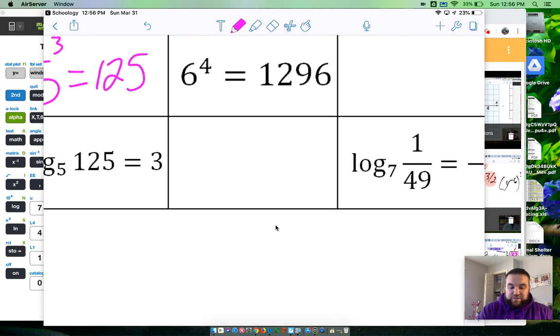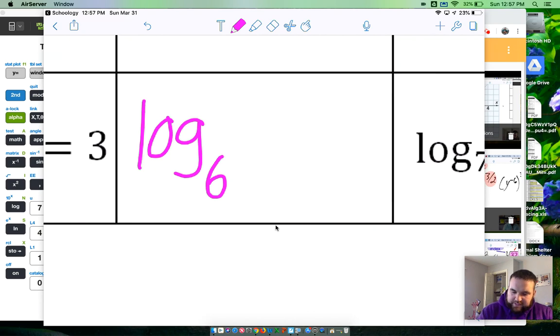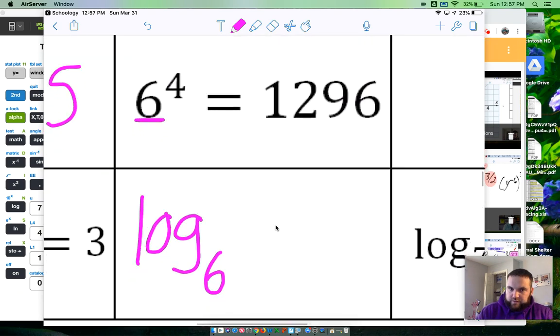So if I have 6 to the 4th equals 1296, this is where we've got to be careful. We always called this the base. When you're dealing with exponents, the big number is called the base. And with logarithms, it's convenient because the base number is the same thing. We just write it as a subscript. What's key here is that the argument for the logarithm has to be the final answer of the exponential.